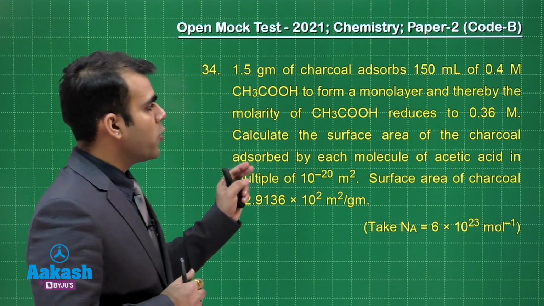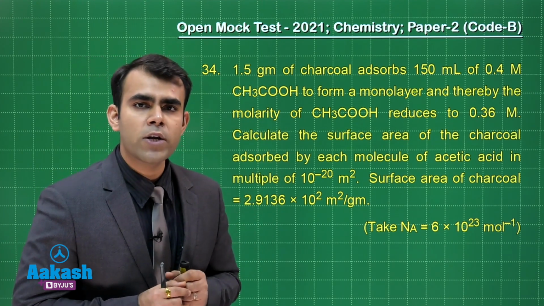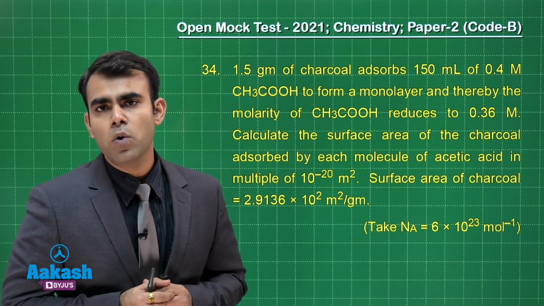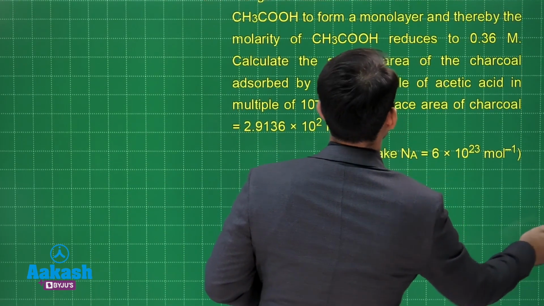Now here what we have to do is, first we will calculate how many acetic acid molecules had been adsorbed on the surface, and for that we need to calculate the moles adsorbed. So how do we do the calculation for number of moles?